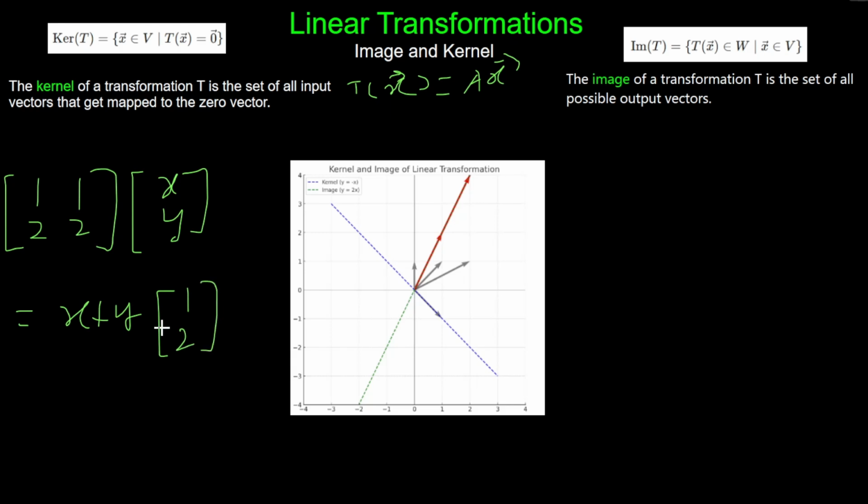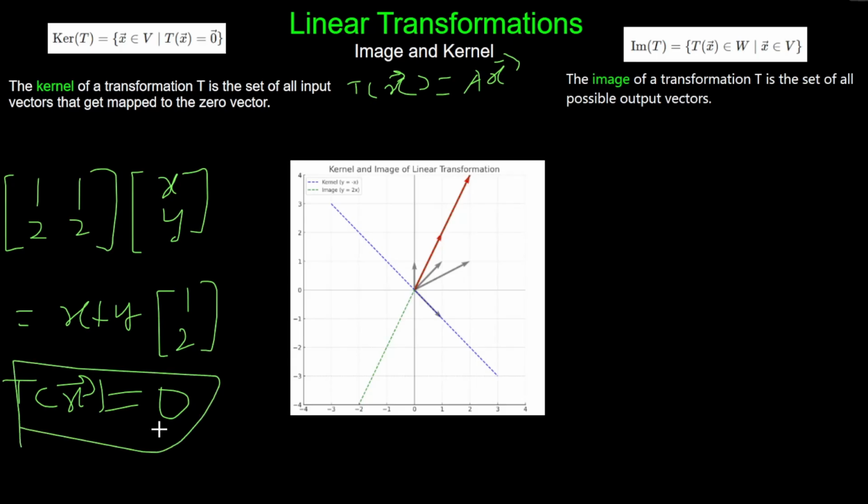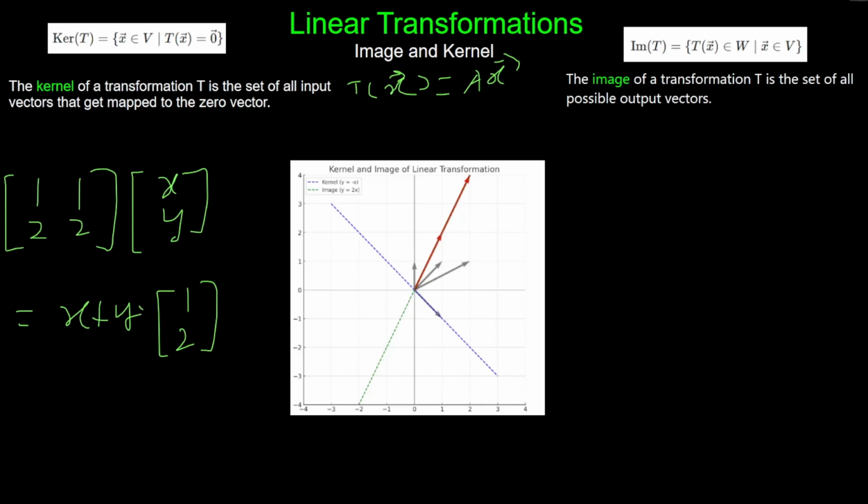So what is kernel? Kernel is a set of all vectors which are mapped to the zero vector. So let's solve that. During the transformation, they are mapped to zero vector. So let's map this to 0. So x plus y equal to 0. So we have x equal to minus y. So what does this mean?